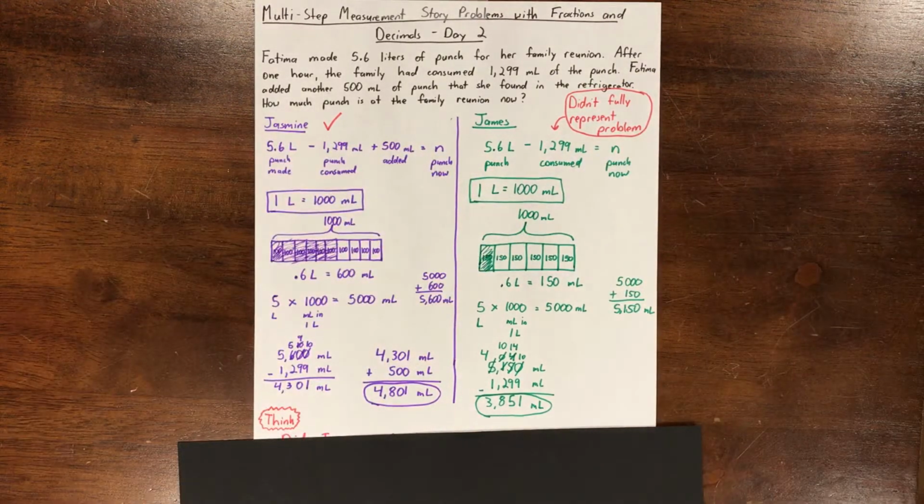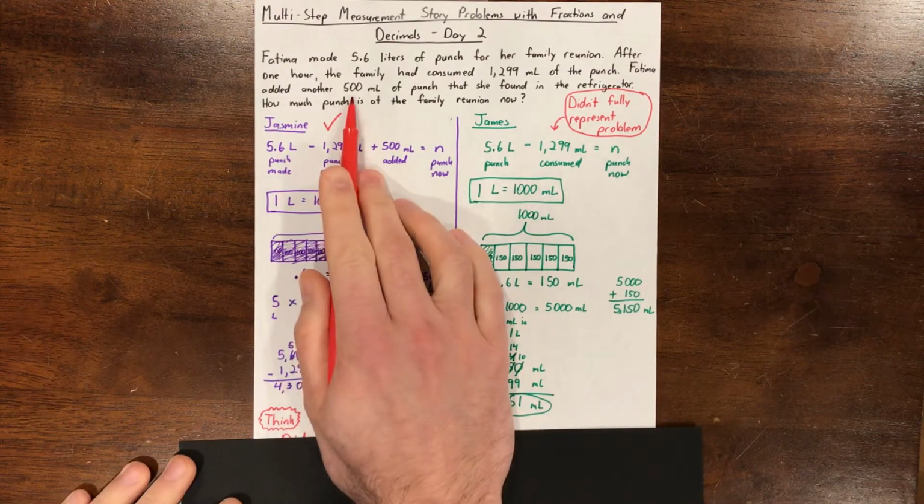What part of the problem was he missing in his representation? Say it out loud. Yeah, he didn't include this 500 milliliters of punch that was added.